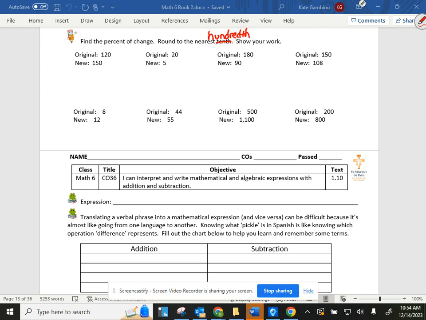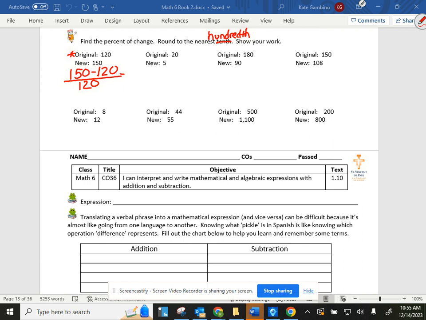Now let's look. Our original was 120. The new number is 150. What do I put as my numerator? 150 minus 120 over 120. We put the big number, subtract out the smaller number, and then we always put the original as our denominator.